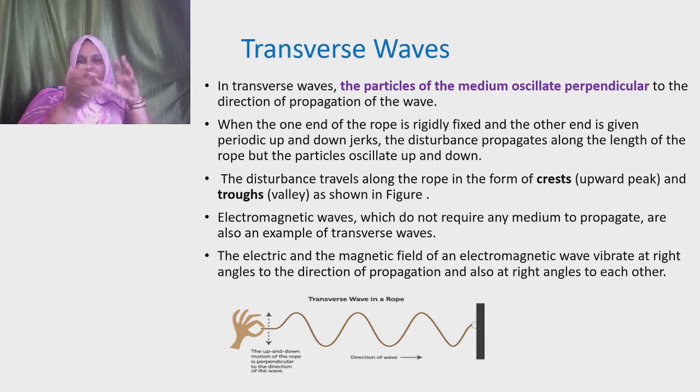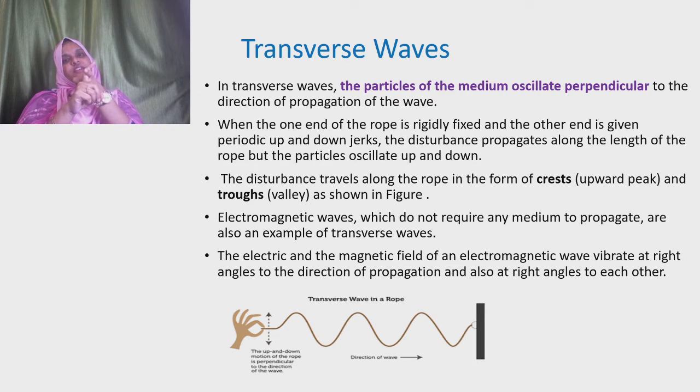Then electromagnetic waves are also examples of transverse waves, but that is not due to the direction of oscillation of particles, because as you know, electromagnetic waves do not require any material medium for their propagation, but they are transverse also. That is because in electromagnetic waves there is an electric field, and there is a magnetic field.